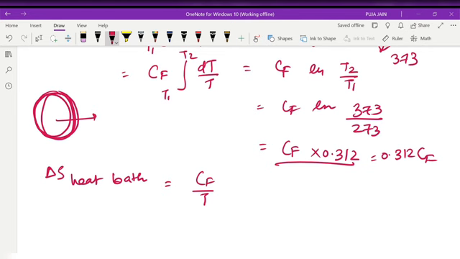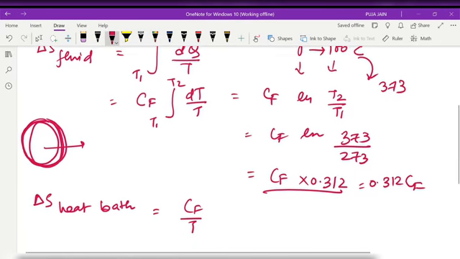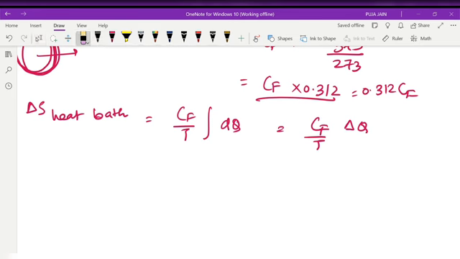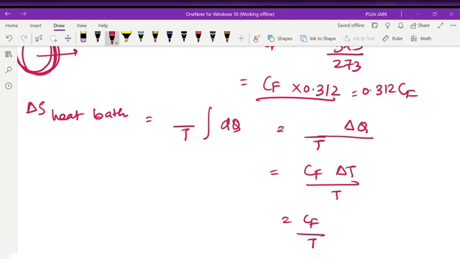For just a small fluid there will be no change in temperature in a heat bath, so here T will be constant. So it is Cf by T, del q, where Cf is inside del q only. So del q by T, where del q is Cf del T by T, right?